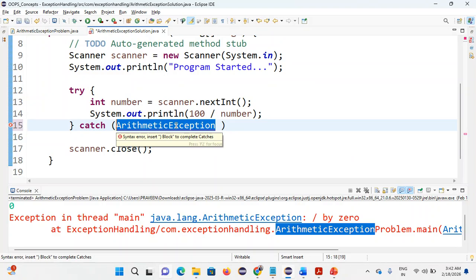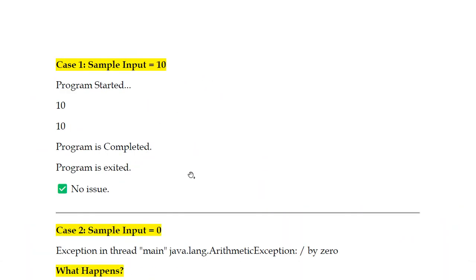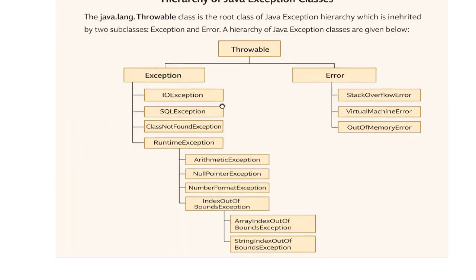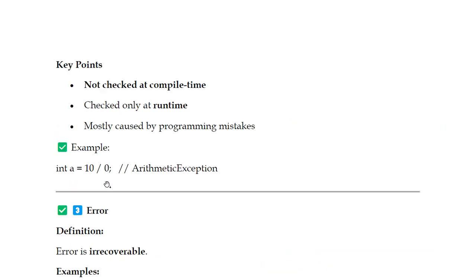Throwable is the root class, and from that the rest are divided. Runtime exception comes under the unchecked exception area, and it will be checked at runtime. Checked exceptions are like IOException, SQLException, ClassNotFoundException.